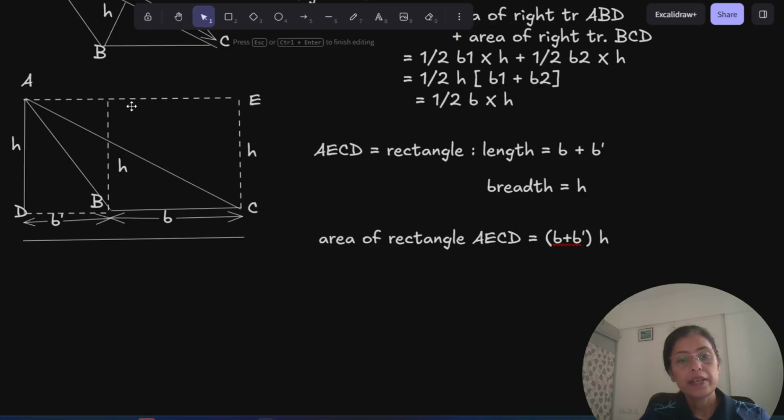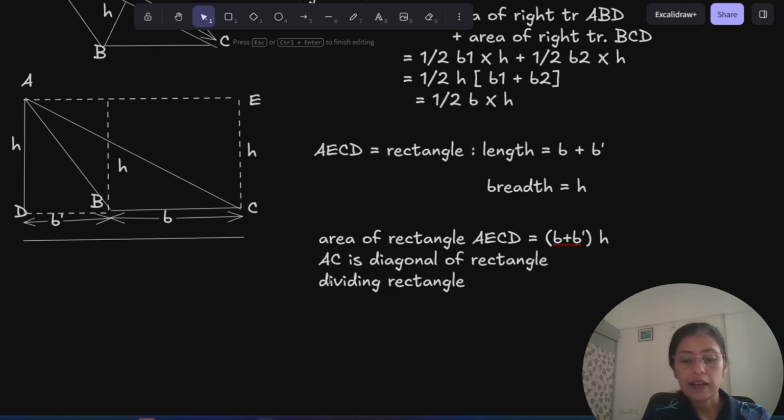So what we see here, this part. Now, if you note here, this AC is the diagonal of this rectangle. And what it is doing, it will be dividing the rectangle into equal halves.